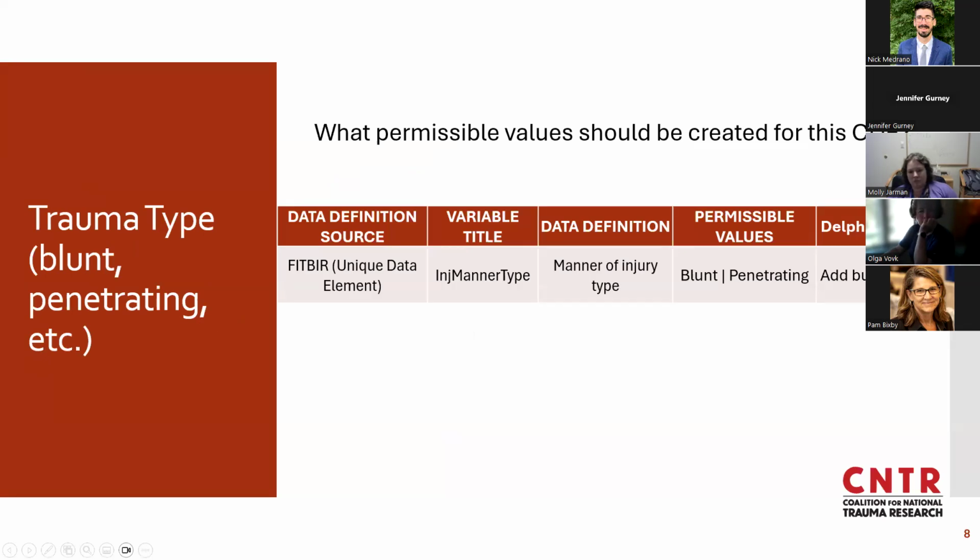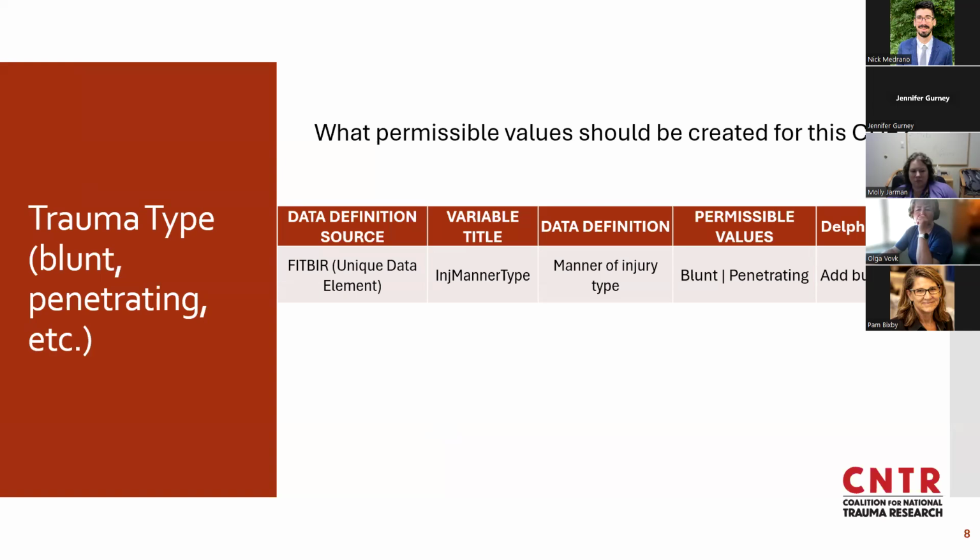The first element we need to discuss is trauma type. The current existing element within FITBR only has the permissible values, the potential options, of blunt and penetrating. There were some comments left in the Delphi that recommended adding burn as well as an other.